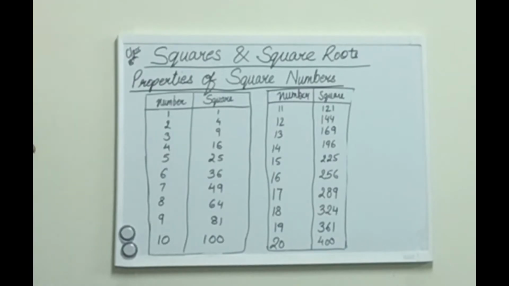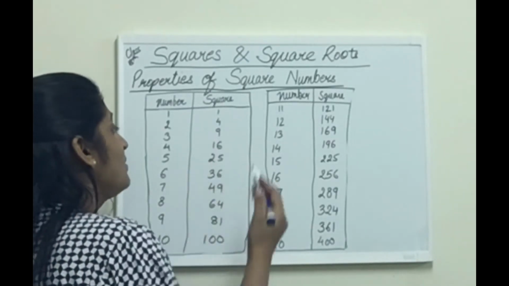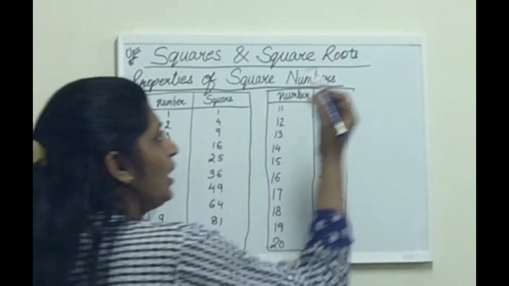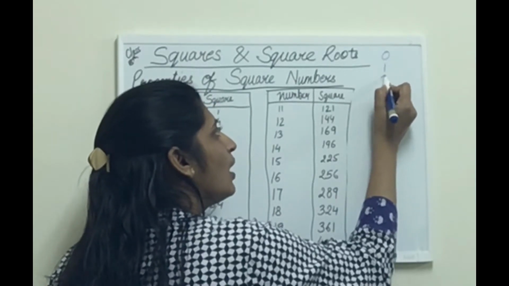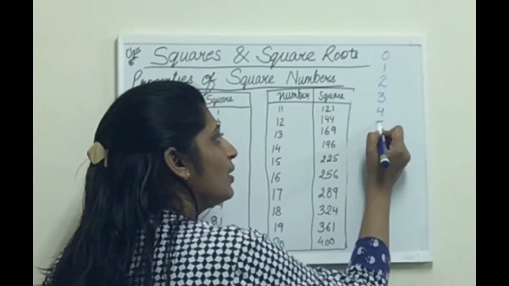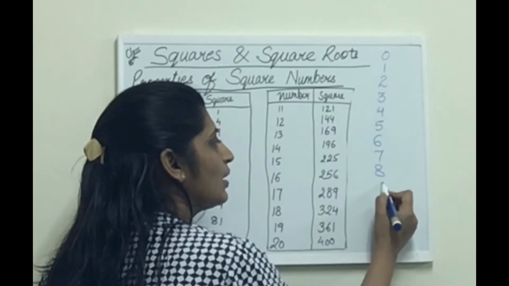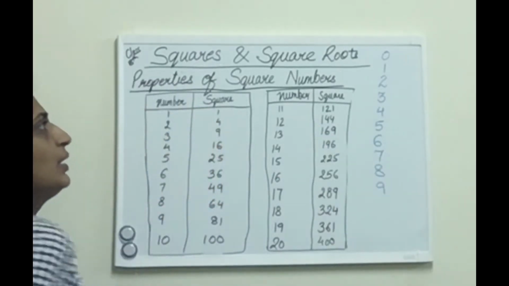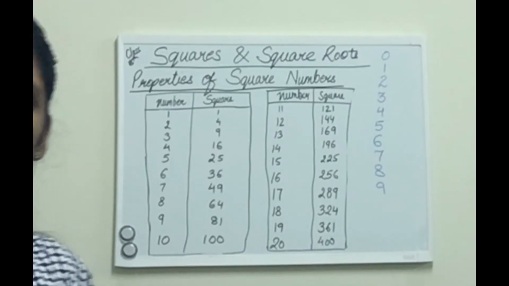Here I am again. So, to make it easier for you all, I have written with my blue marker numbers 0 to 9.